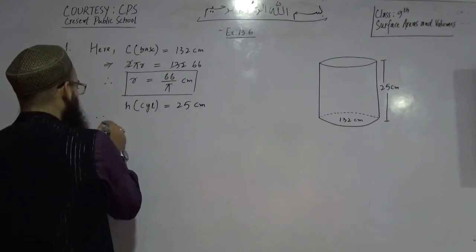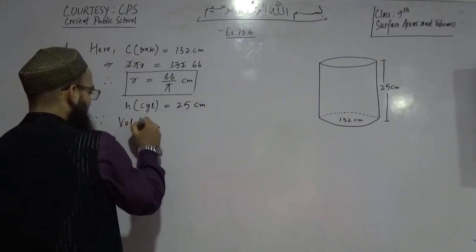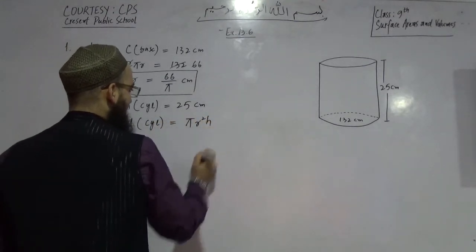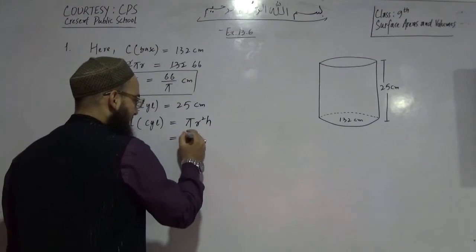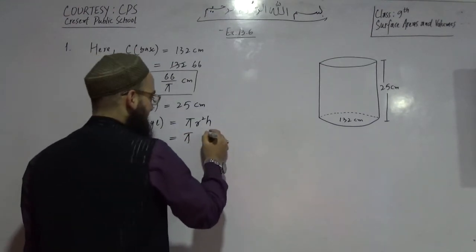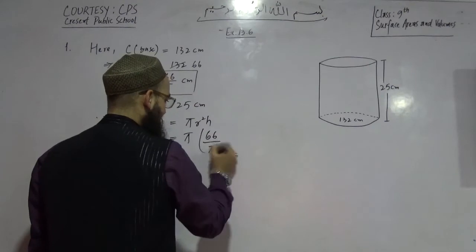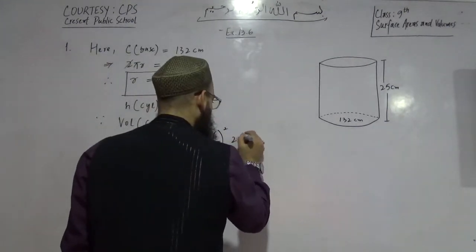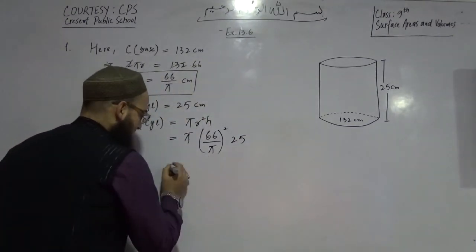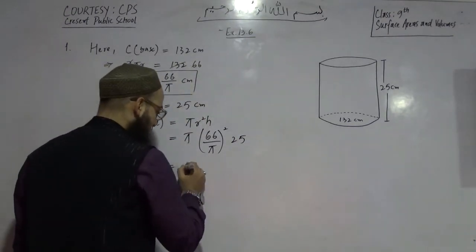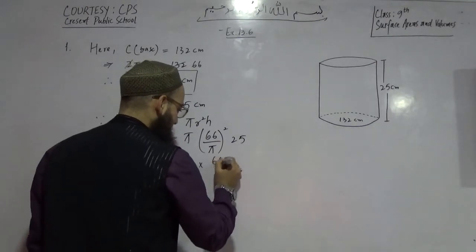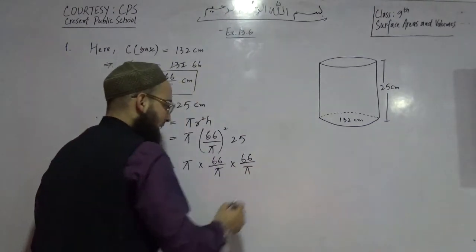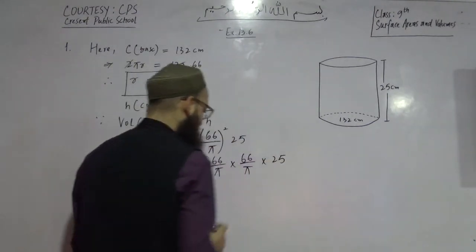Since volume of cylinder is equal to pi r square h, that is equal to pi, r is 66 by pi, then we have a square, so pi r square, h is 25. Then you go pi times 66 by pi times 66 by pi times 25.